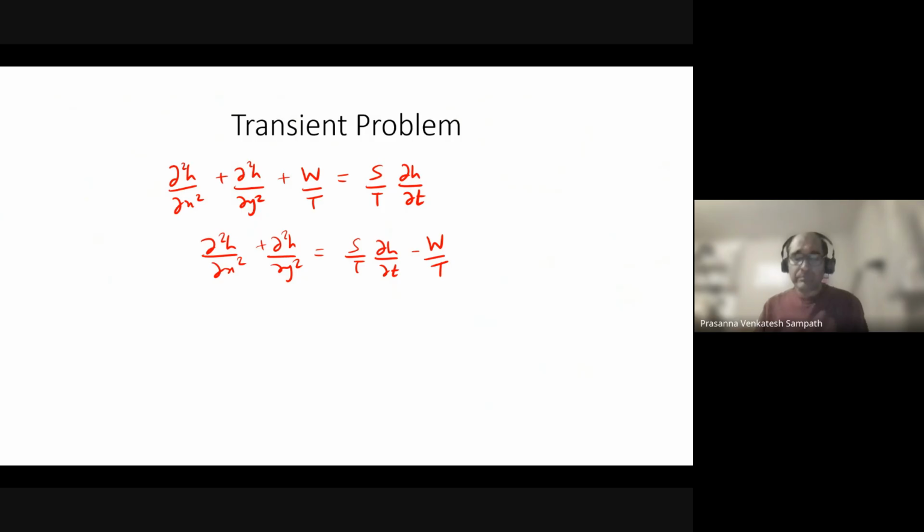Now the left hand side that I have over here is going to be my standard formulation. We already know how to handle this type of a setup.